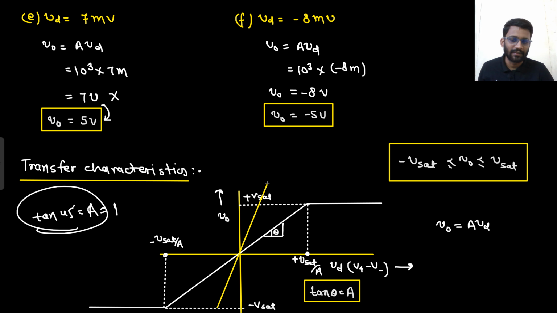It looks like this. But just to show you in the diagram, for a better clarity, I have made it more clear. But it will be very near to the y-axis because the slope is very high. Because the gain is also very high. If the gain is very high, the slope has to be very high. So slope would be looking something like this. But to make it clear to you, I have made it a bit wider so that you could understand better.